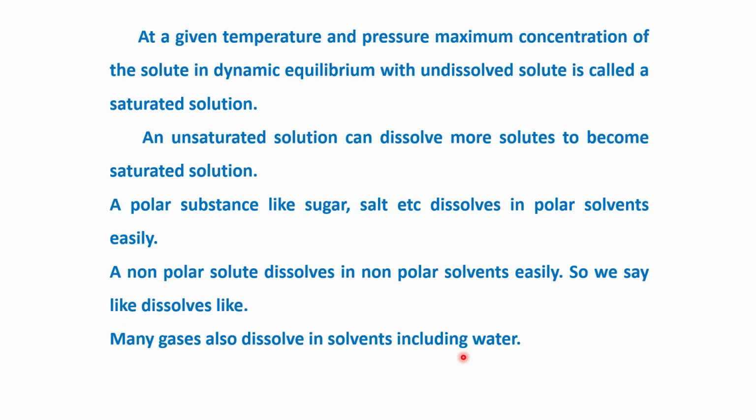If you keep on adding sugar to water, it keeps on dissolving, and after some time the sugar will not dissolve. So, sugar will remain in excess as solid at the bottom of the beaker. Then we call it saturated, it cannot dissolve anymore. So, an unsaturated solution can dissolve more solute to become a saturated solution.